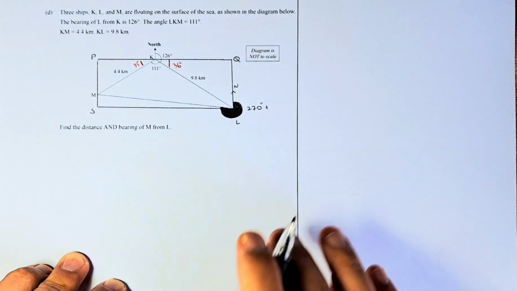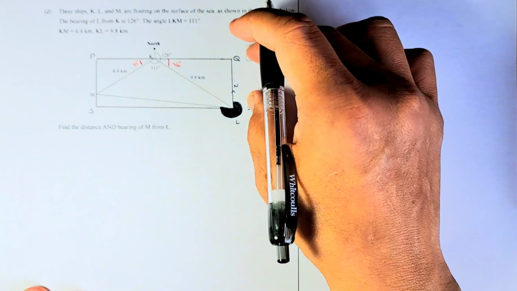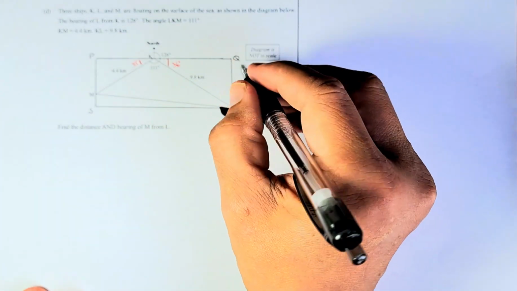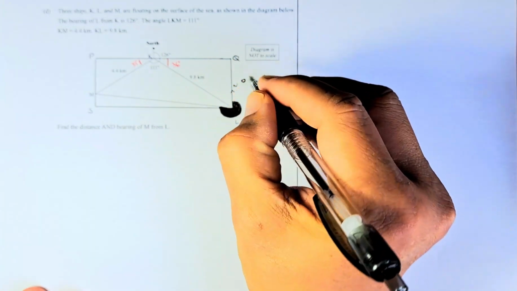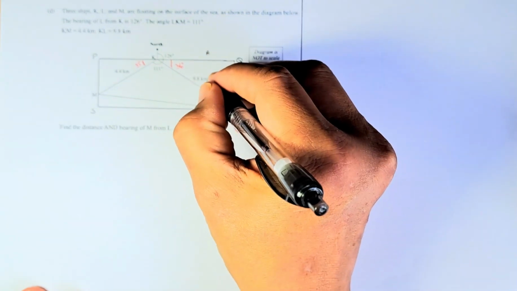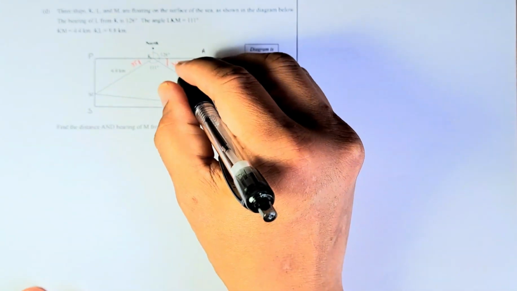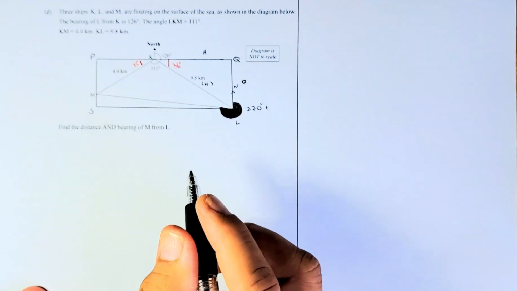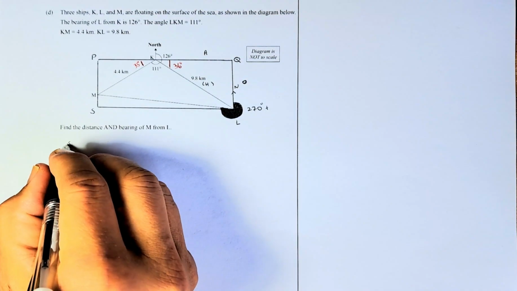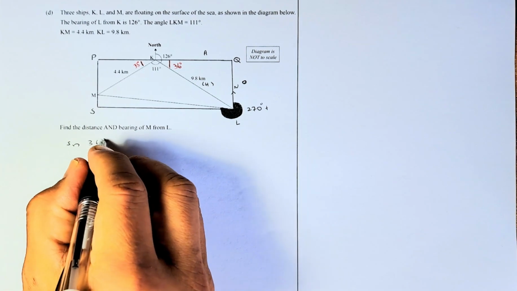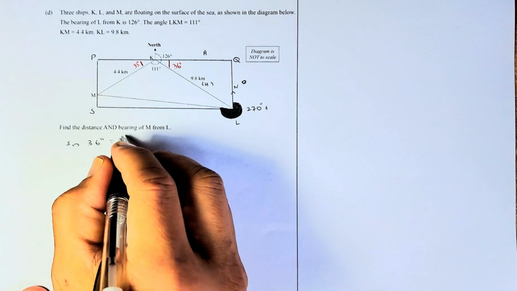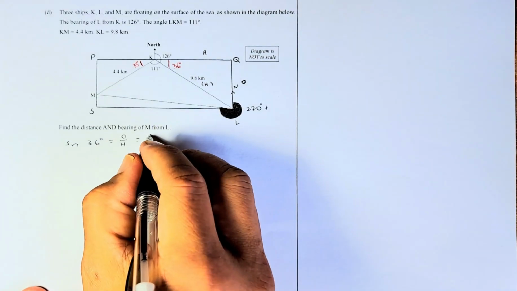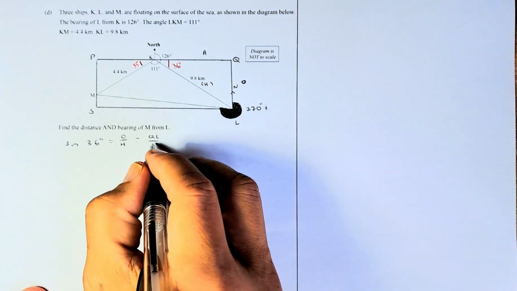Now we start finding the length QL. To do QL, you just use trig ratio. This is opposite, this is adjacent, and this is the hypotenuse. To find QL, sine 36 equals O over H. Your O is QL, and your H is 9.8.